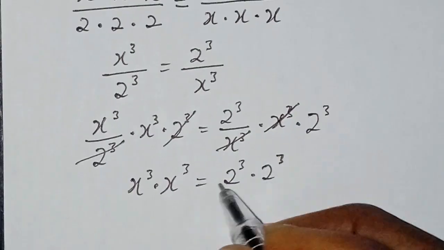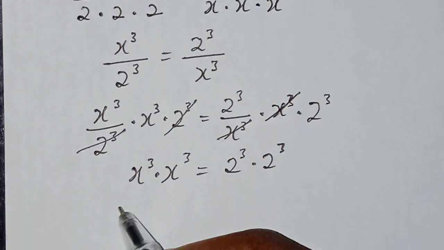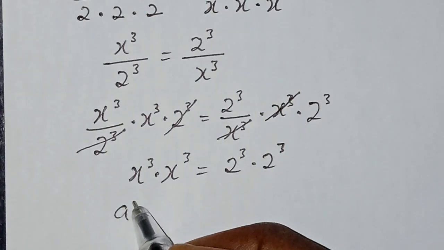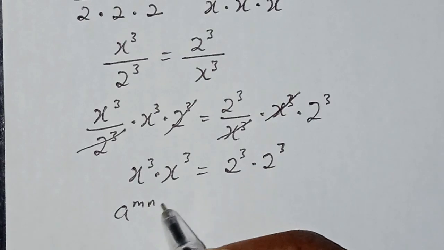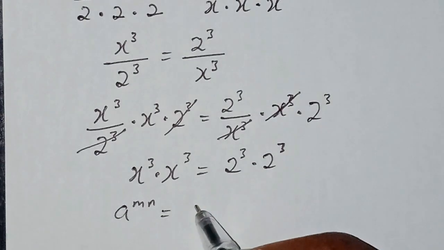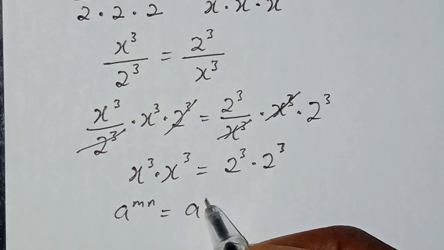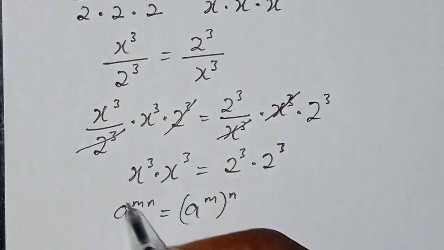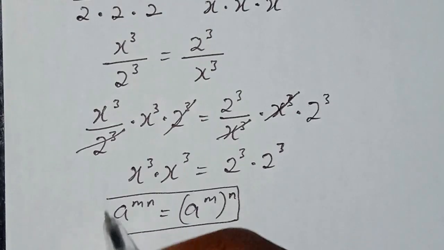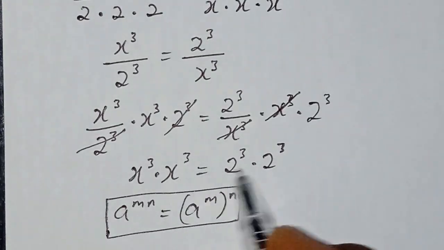Here this can be expressed using this identity: base a power m, all raised to power n, is expressed as base a power m times n. So we use this identity to simplify this.